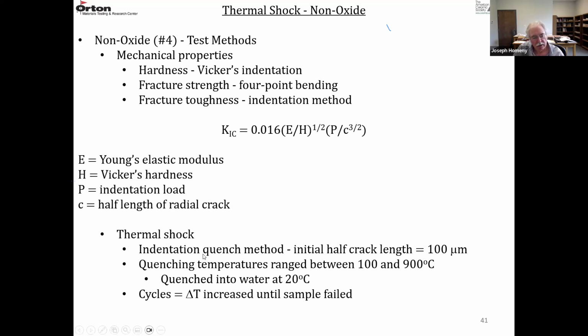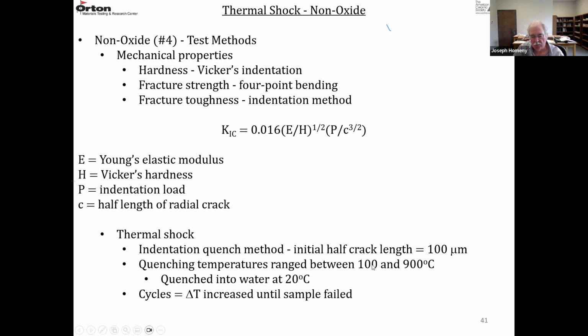Thermal shock was the indentation quench method, and the crack size they put in, the initial half crack length was about 100 microns. So they used a Vickers indentation to put in a crack, and they used the right loading to give a crack about a 100 micron half crack length.